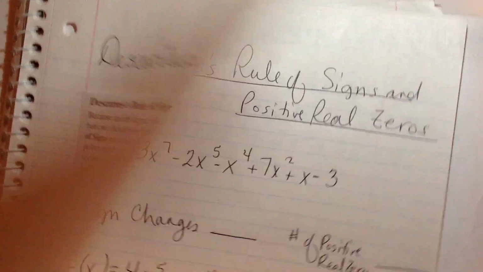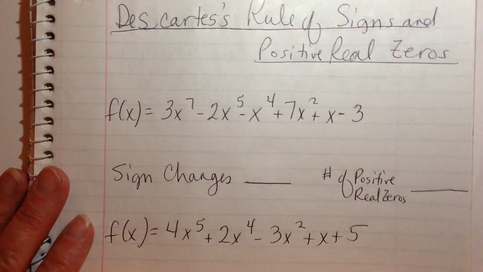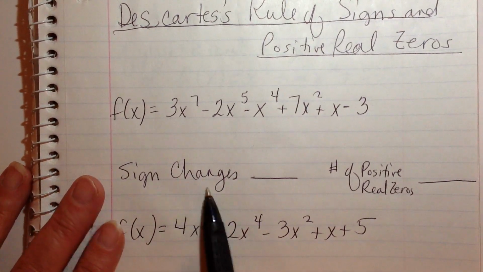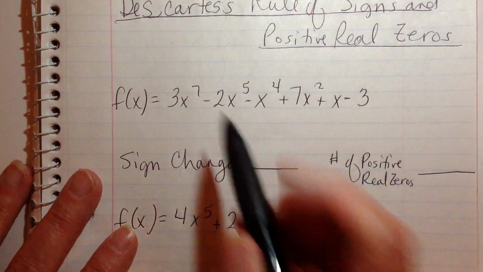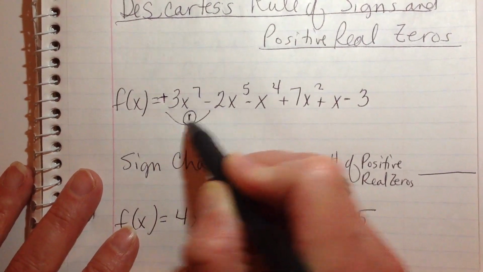Okay? So I want us to look at just a few examples of this using Descartes' rule. All right, looking at this problem. We're to determine the number of sign changes. So how many sign changes does this problem have? Well, we go from positive to negative, that's one sign change.